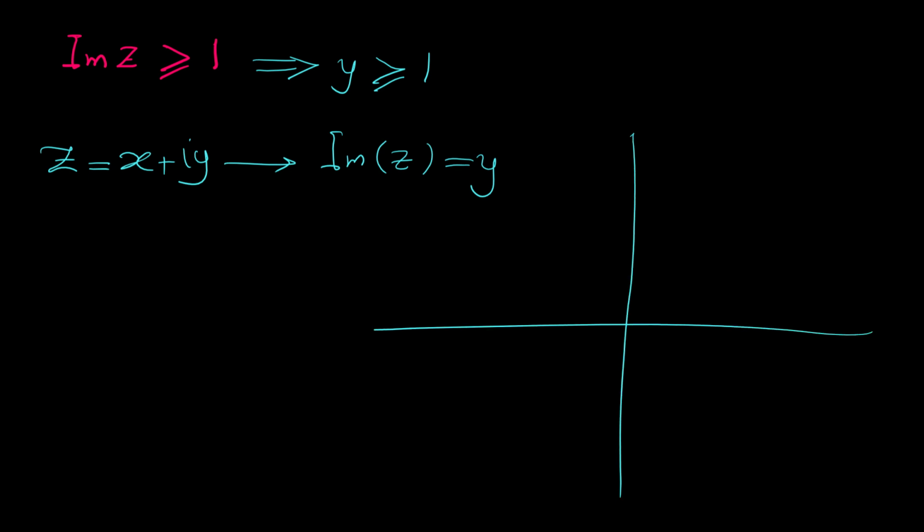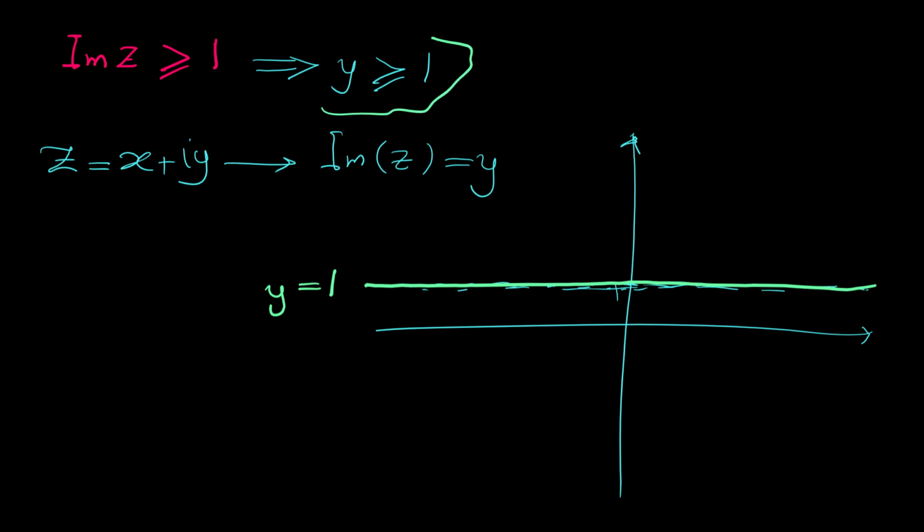If we draw the real axis and imaginary axis, y greater than 1. If we suppose here is 1, y equal 1 is the point on this horizontal line here. So the points on this horizontal line are y equal 1. But we want to sketch the region where y is greater than or equal to 1.